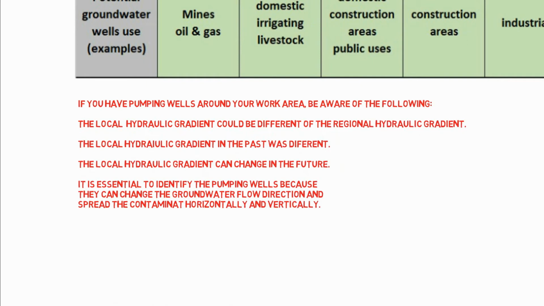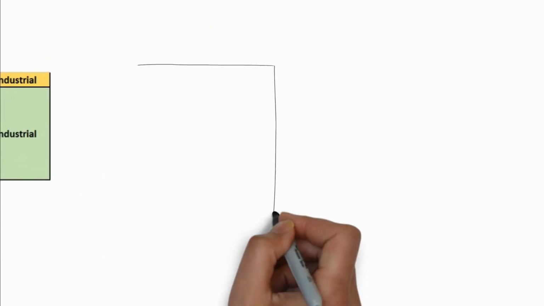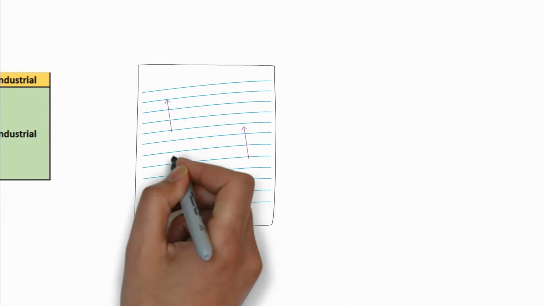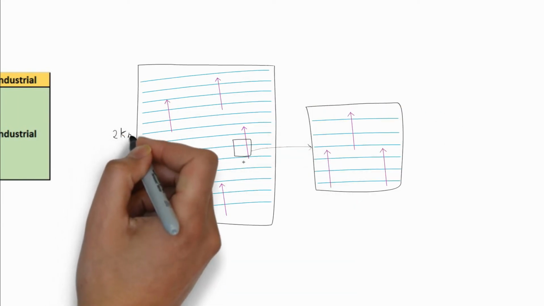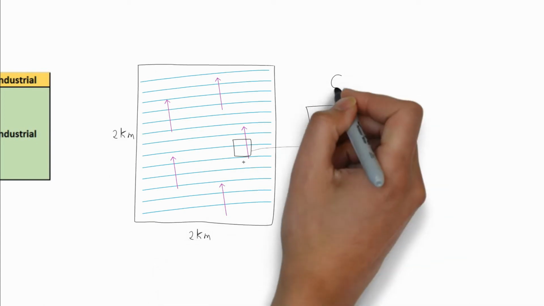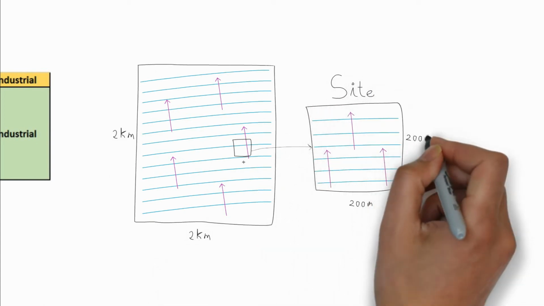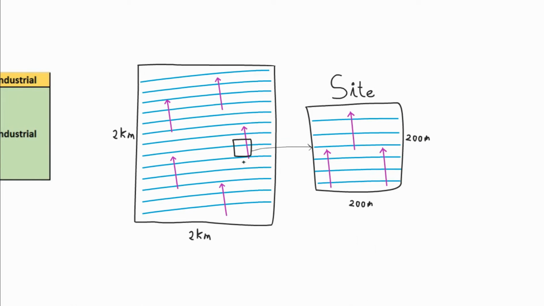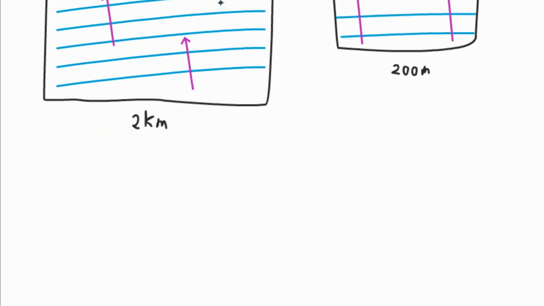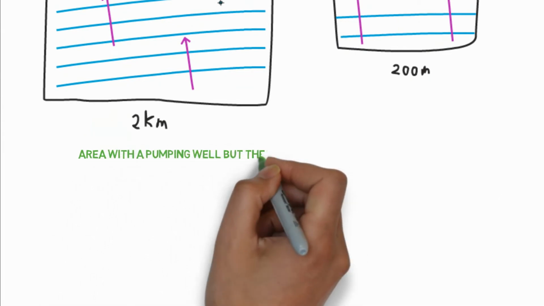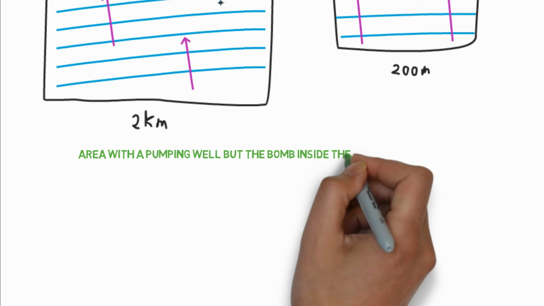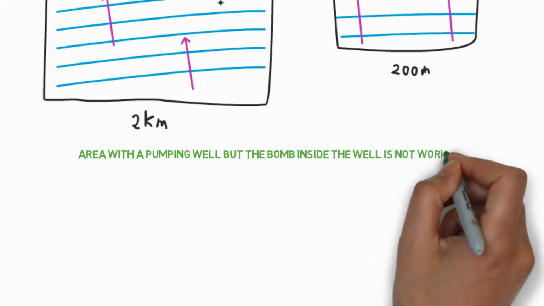Now let's see an example where we have the same site but two different potential scenarios depending on the activity of a pumping well. In the first scenario, we have an area with a pumping well, but the pump inside the well is not working.